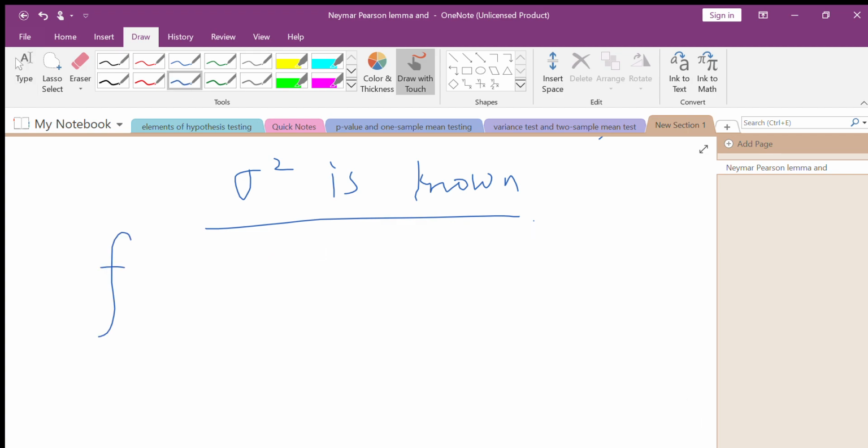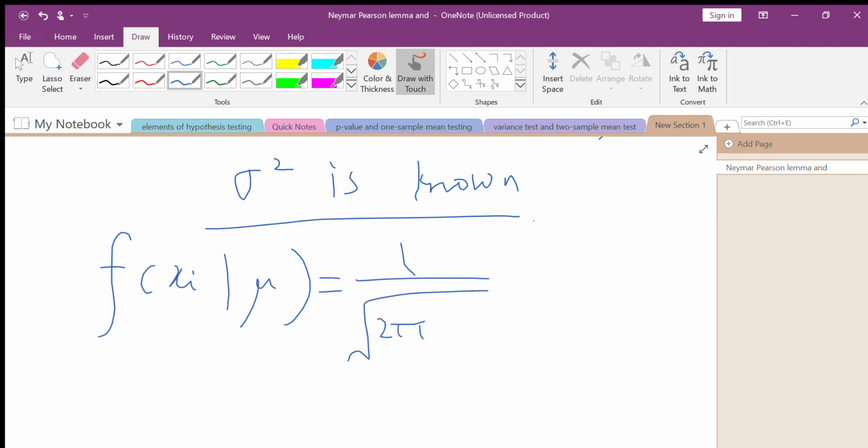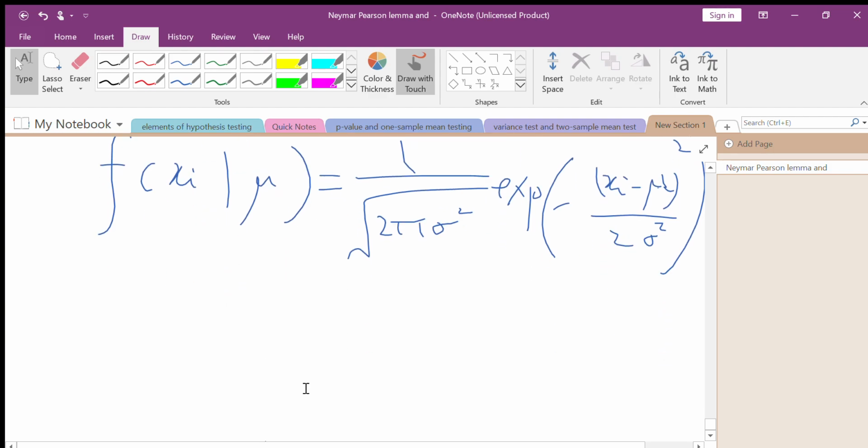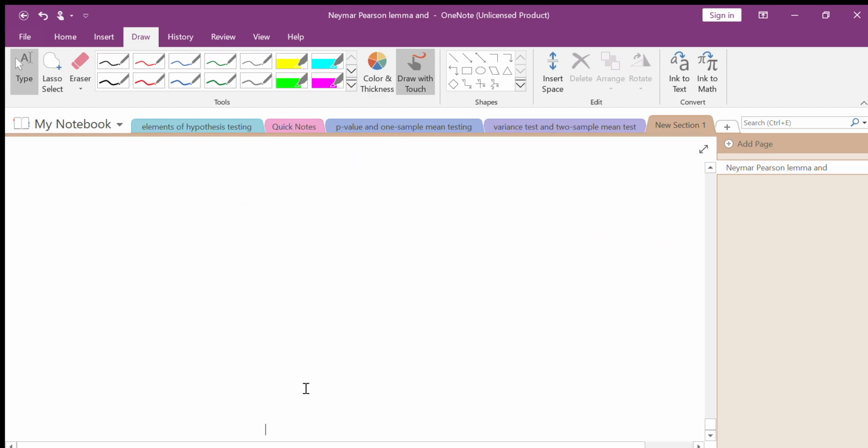So the PDF of small xi given mu, since sigma squared is known, we don't write sigma squared. Its PDF is in this form: 1 over square root of 2 pi sigma squared, exponential of negative (xi minus mu) squared divided by 2 sigma squared. This is the PDF of the normal. So what is the likelihood function evaluated at mu?